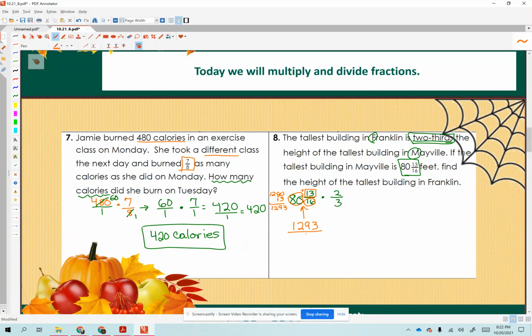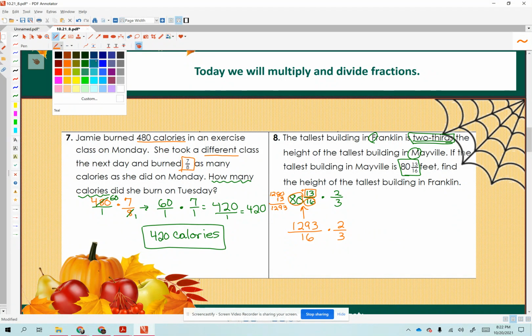So when we rewrite this fraction here, we will rewrite it as 1,293 over 16 times 2/3. And I do see that 3 is a factor of 1,293 and 2 is a factor of 16.